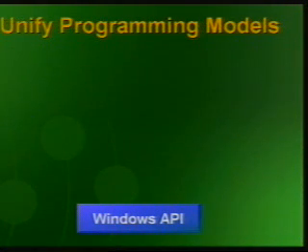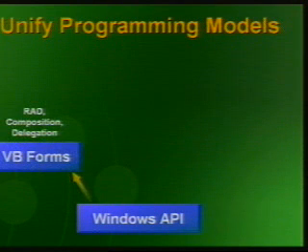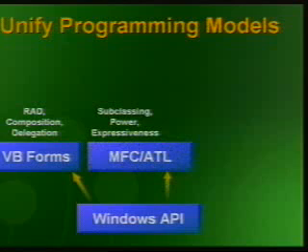So over time, what has happened is that various programming models have emerged on top of the Windows platform. For example, Visual Basic pioneered the rapid application development model, where you instantiate a form, you drag controls onto the form, you write event handlers, and through delegation, your code executes. C++ took a different tack through MFC and ATL.